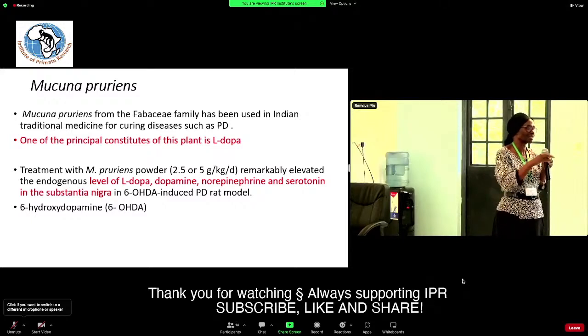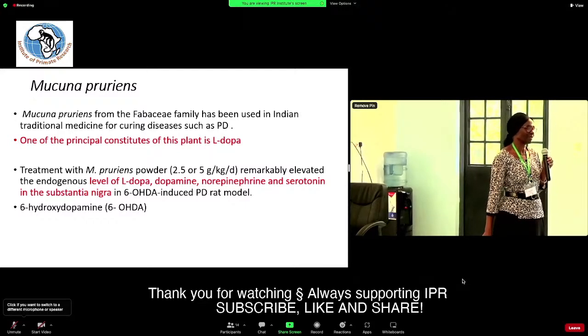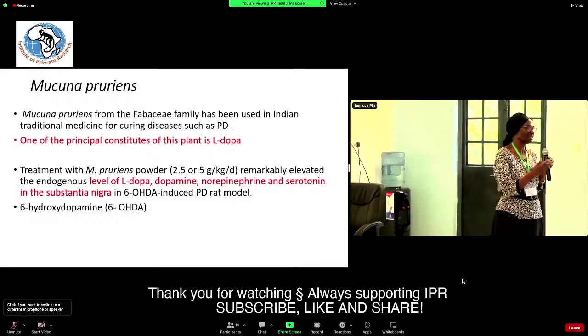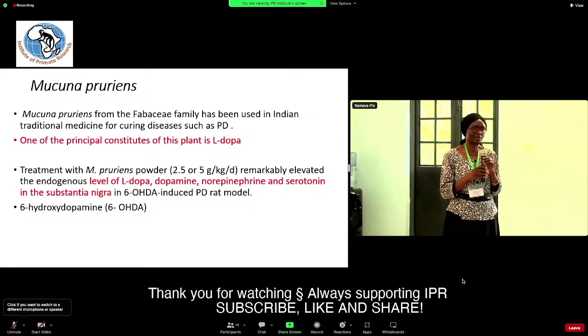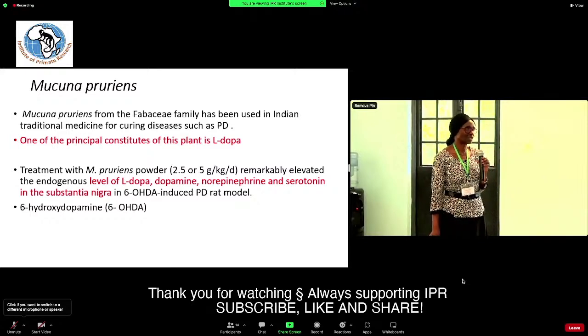It is in the pathway of the pathology. Dopamine is in the pathway of the major pathology of Parkinson's disease, and L-DOPA is a major intervention, replacing dopamine. Therefore, the main reason why this medicine has found its place in alleviation of the symptoms associated with Parkinson's disease is because it contains L-DOPA.